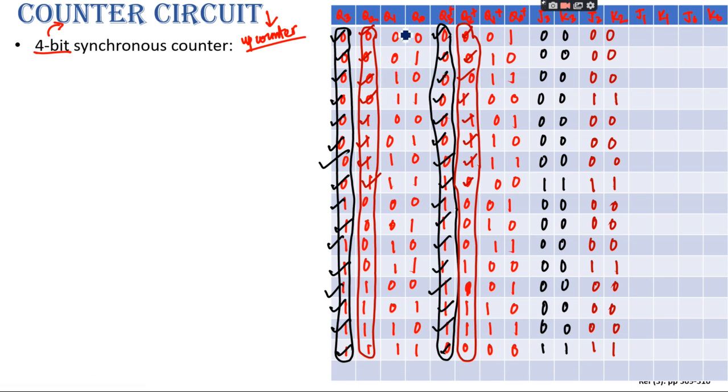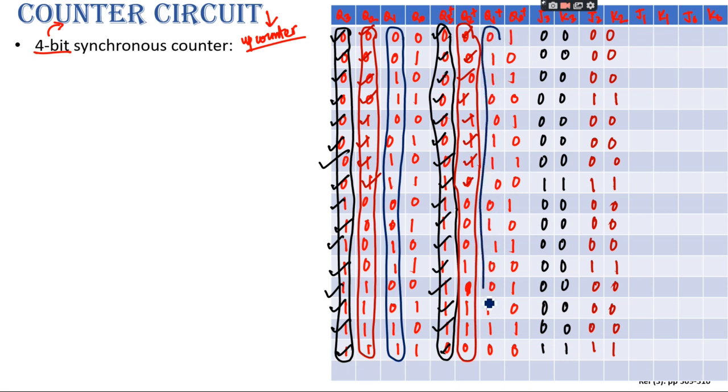So now if I consider my Q1 and Q1 plus, then 0 0 means no change, 0 1 means change, 1 1 means no change, 1 0 means change.